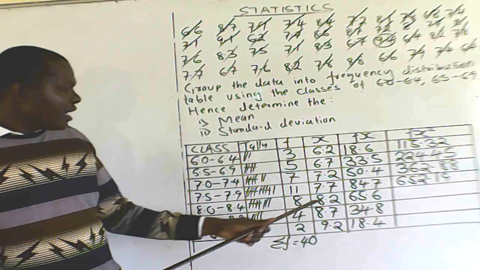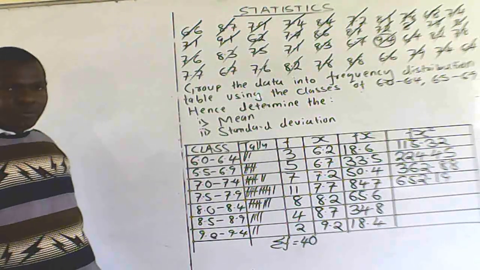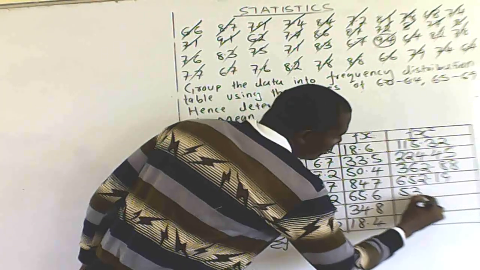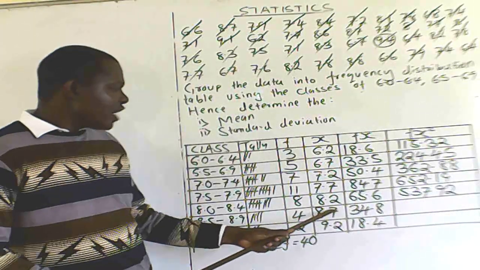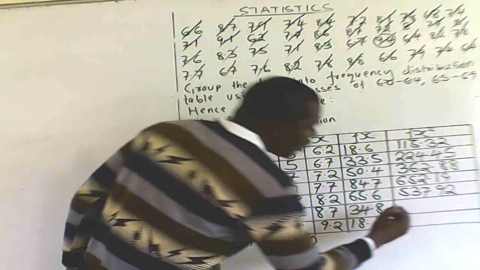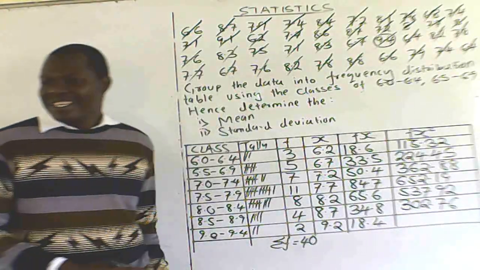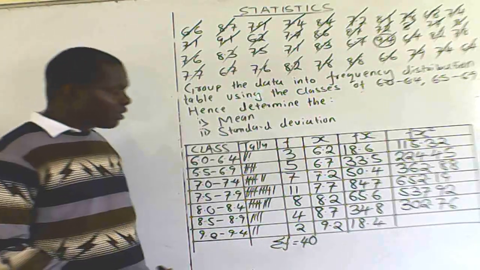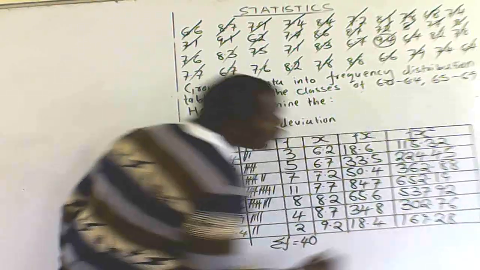Then the next one, 8.2 times 65.6. 537.92, isn't it? Then the next one, 8.7 times 34.8. 302.76, isn't it? Then the next one, 9.2 times 18.4. 169.28.